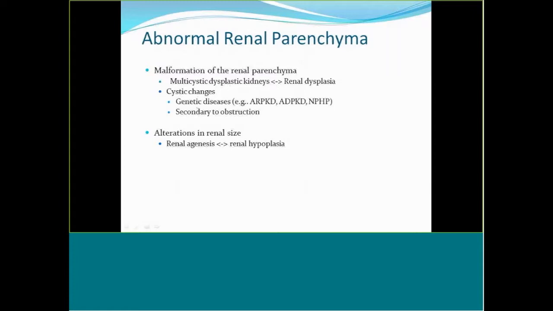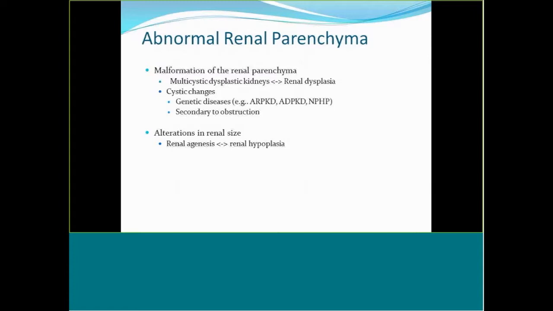And then you can see cystic changes from genetic diseases, the ones that we tend to hear the most about, autosomal recessive and autosomal dominant polycystic kidney disease. And then there's a disease called nephronophthisis as well. You can also see cysts that develop secondary to obstruction, but that's a different process.